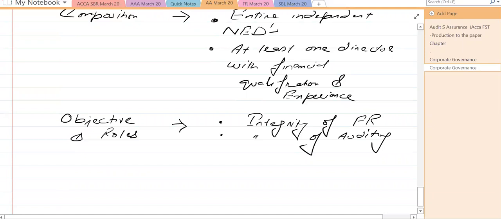That is why the audit committee ensures that the internal control system of the organization is effective. When the control is effective, the information produced by the system will have integrity. And then there is integrity of auditing, both internal and external.